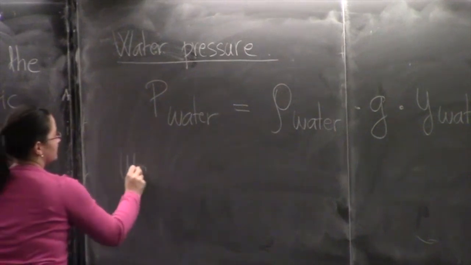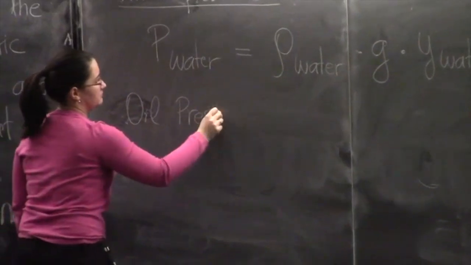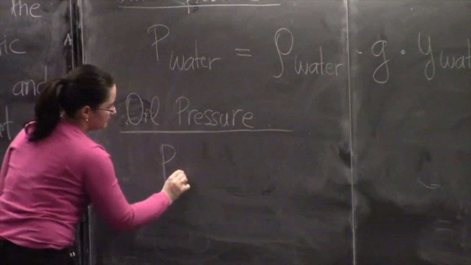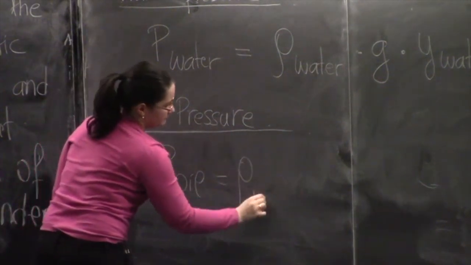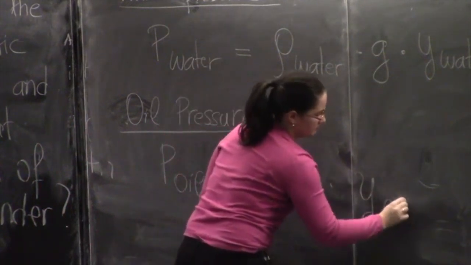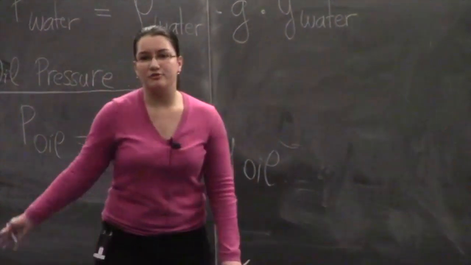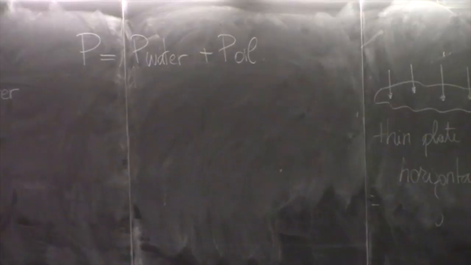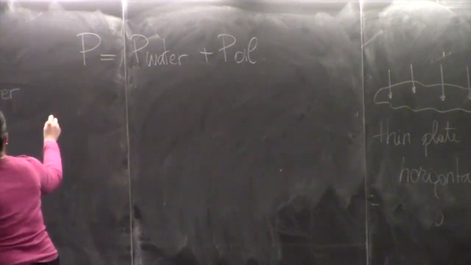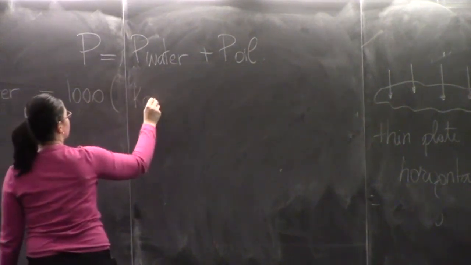And for the oil, we're going to have a similar thing. And to compute the total pressure, all we need to do is to add the two together. Okay, so let's do some computations over here. The density of water is 1,000 kilograms per cubic meter.